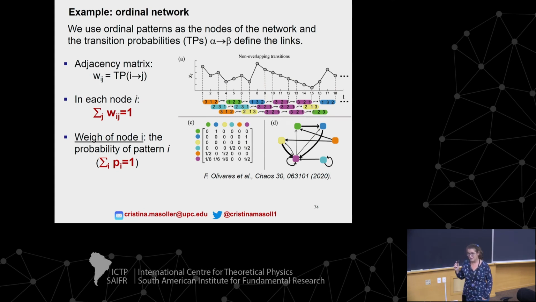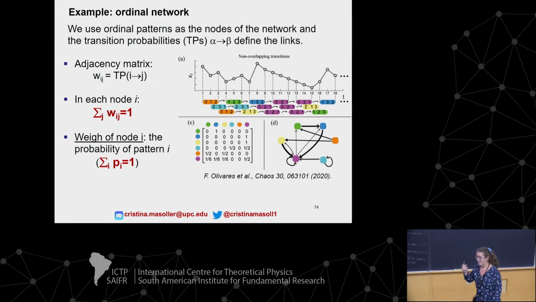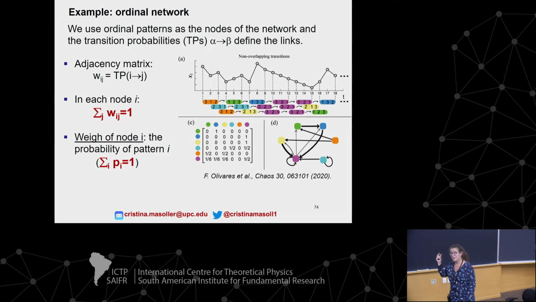The time series is the same, but you get different networks. More important is that it's very difficult to go to higher order because you need to compute 24 times 24 probabilities, so you really need to have a lot of data. Typically, this is useful for D equal to 3.